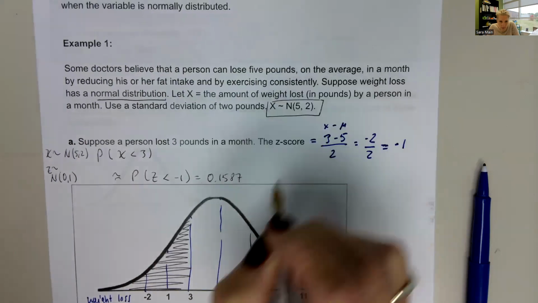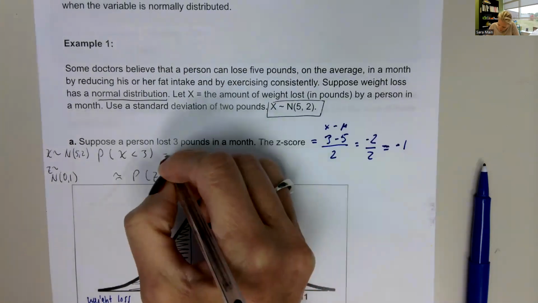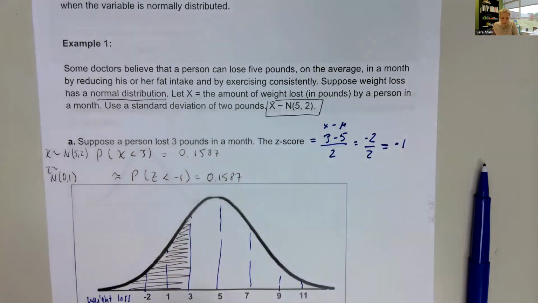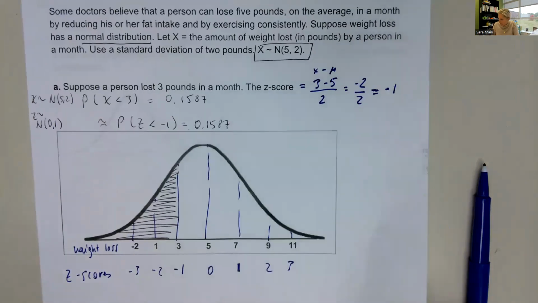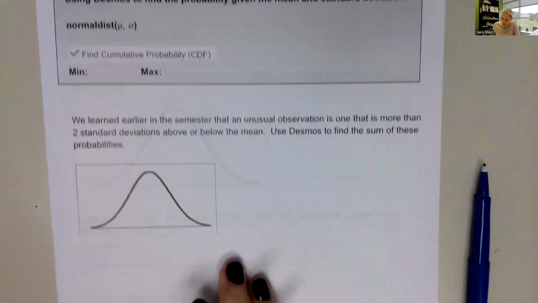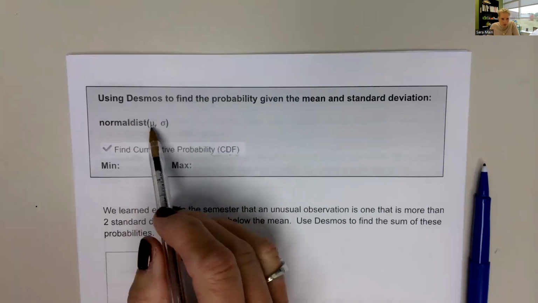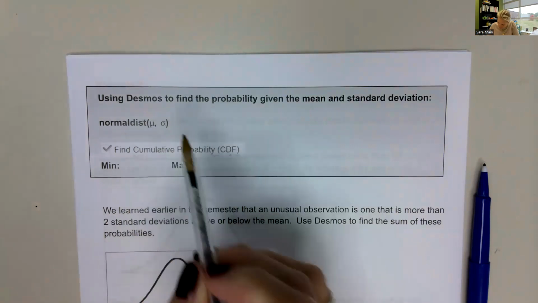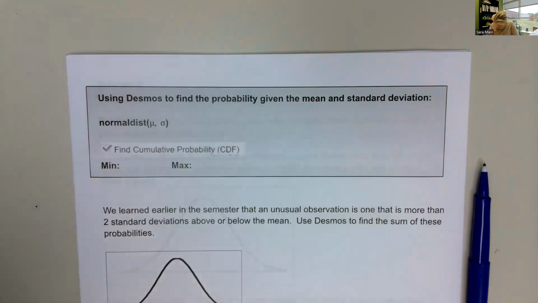I wrote it right here. And these come out to be the same thing. So instead of just using normal distribution of 0 and 1, we're now going to use the normal distribution of the mean and the sigma of the situation.